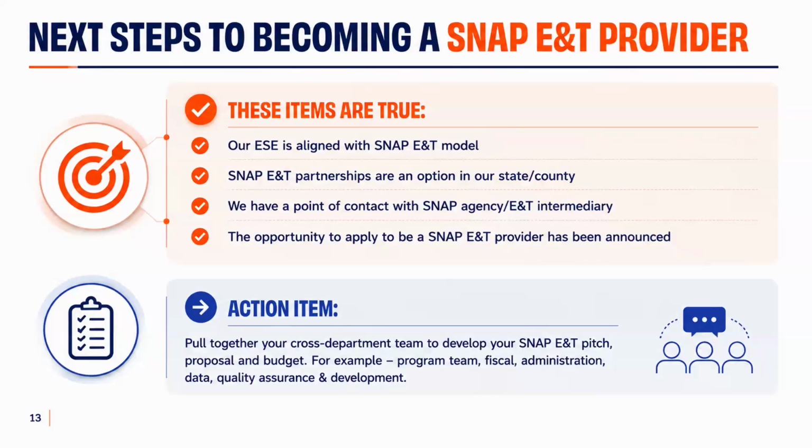Assemble that team, because states are going to ask you questions about your program, and they might want to know specifically what your invoicing processes are or exactly what components you're delivering. Having your team together to collaborate on your proposal is critically important. So get your team together sooner rather than later, and collaborate with them throughout the process as you develop your material to submit your application.